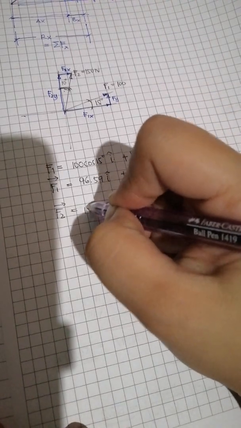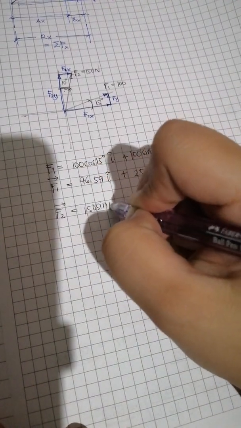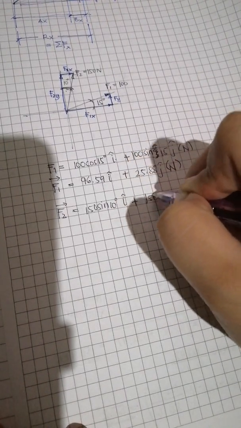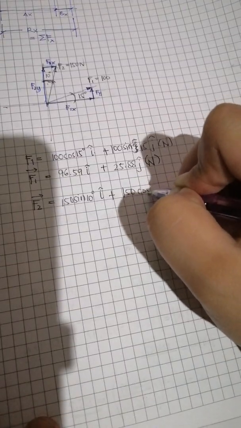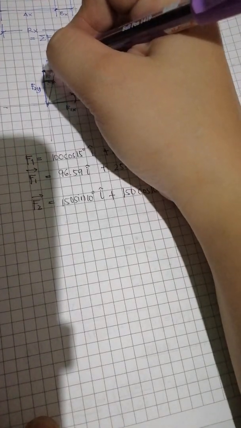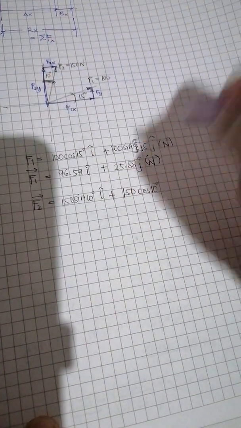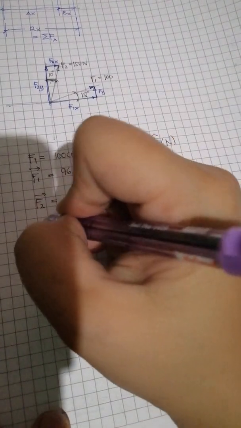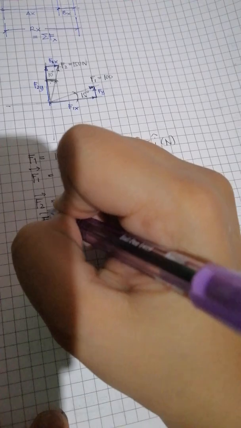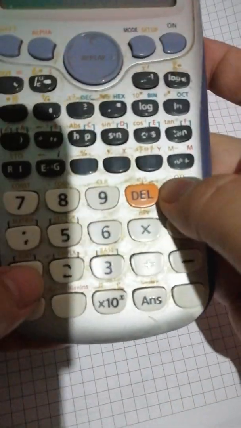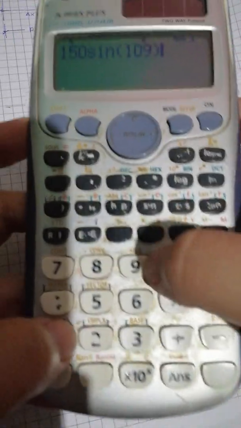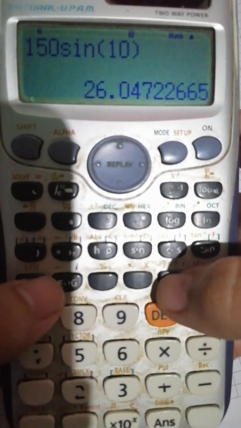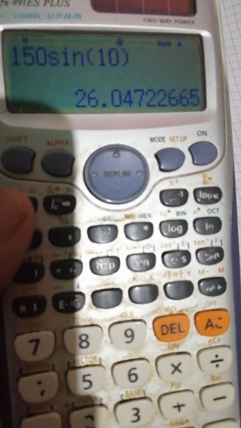So we now have 150 sine of 10 i hat for the x component, and for the j hat, cosine 10 degrees because this is adjacent to the 10-degree angle. You have j hat, then you have newton. So you now have F2. So you have 150 sine 10, that is 26.05.